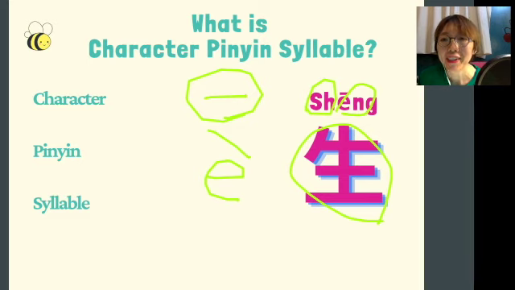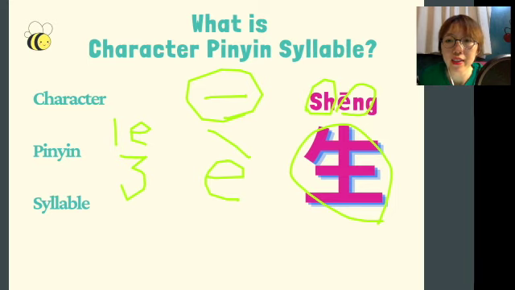So 饿 can be independent. Initial consonant can be absent. Another thing that can be absent is the tone. So we also have characters which have no tone at all, like la. It's not one of the four tones, it's just neutral. So the only thing that cannot be absent is the vowel.